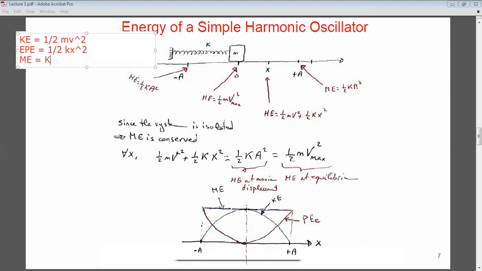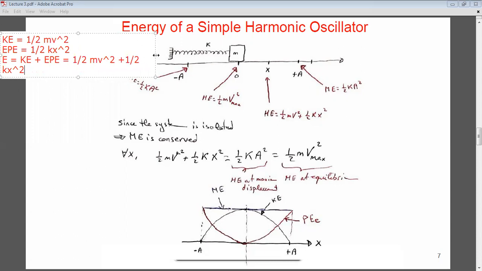Mechanical energy is kinetic energy plus EPE. Mechanical energy, we refer to it by E. It is equal to half mv squared plus half kx squared. Okay. So these are formulas you need to remember.